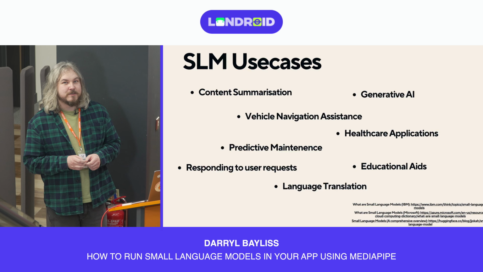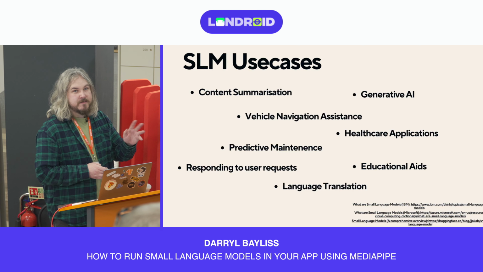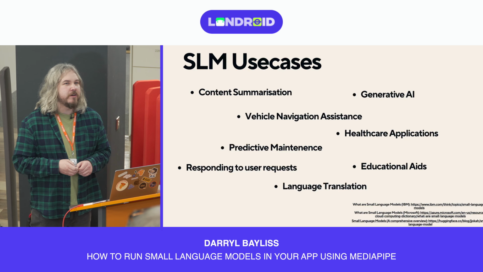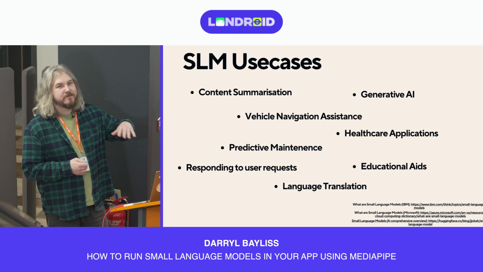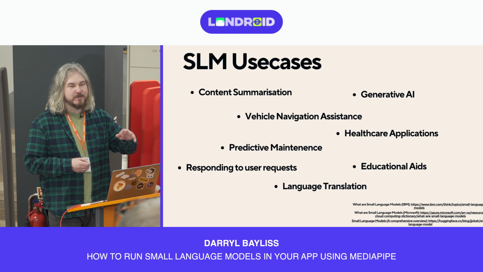Predictive maintenance. This is another interesting one. So let's say you've got a building, or maybe even a piece of hardware, but in 10 years, 5 years, something's going to fail, and you need to be alerted about it.